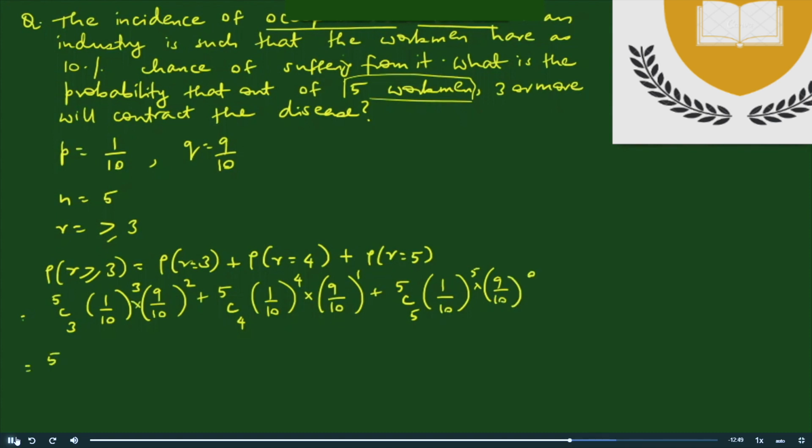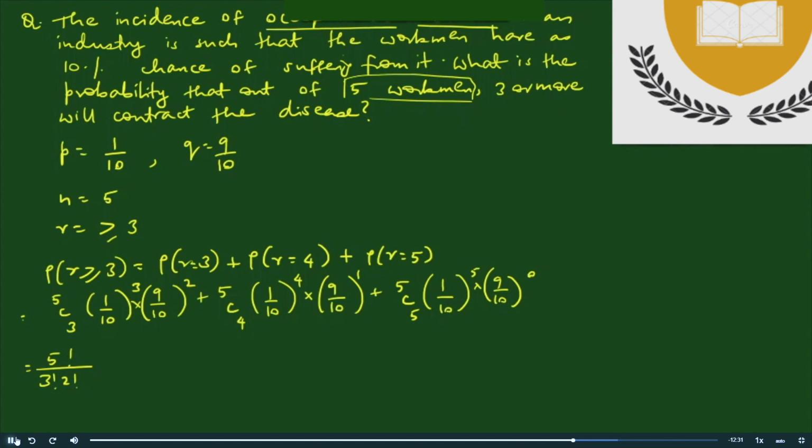This is 5 factorial by 3 factorial into 2 factorial into... Now let me solve this for you and give it. Okay, each level I'll solve it and give you.